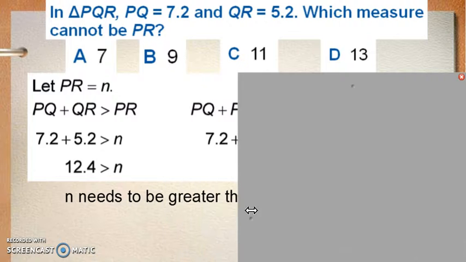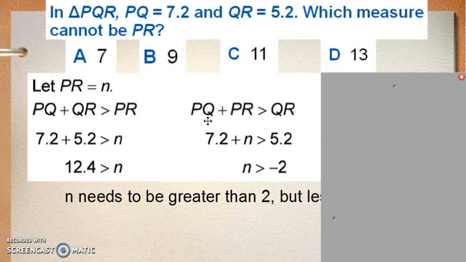The next set of sides is PQ plus PR is greater than QR. I'm just taking the 3 sides from the triangle. PQ is 7.2. We said PR is n. So when I add those two together, it needs to be greater than 5.2.